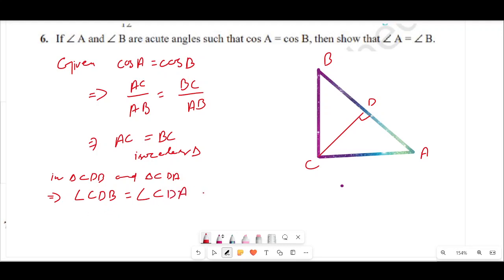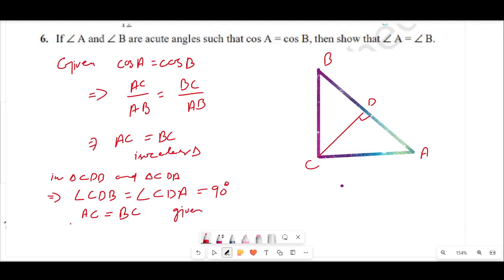Now this is 90 degrees, and side AB and AC is same. Side AC and BC same. AC equal to BC. Clear? It's given.